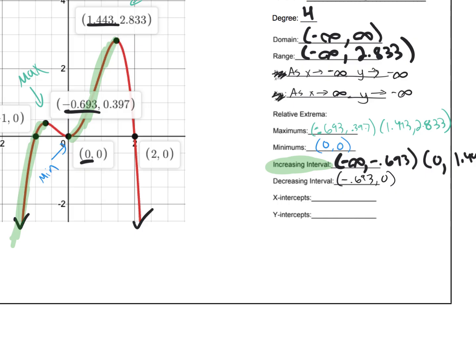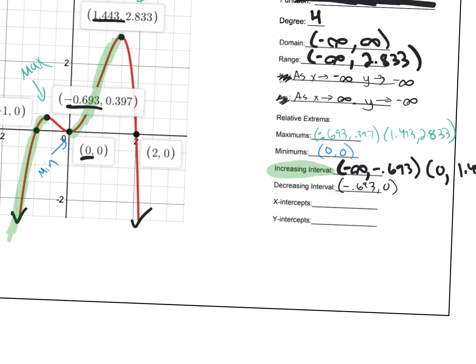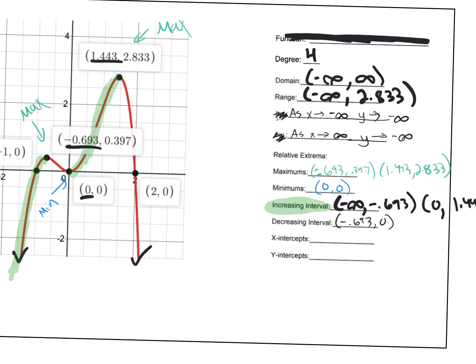So we want to talk about that x value, which was 1.443, and then it's going to continue going down all the way off to the right, which would be the x value of positive infinity. So multiple intervals here based on all the sections of our polynomial function. Remember, we're always looking from left to right and always focused on x values.